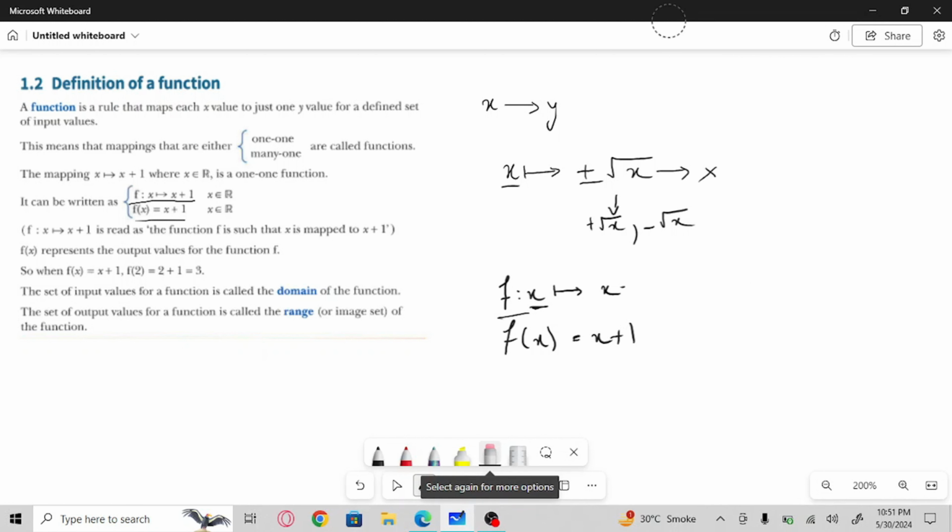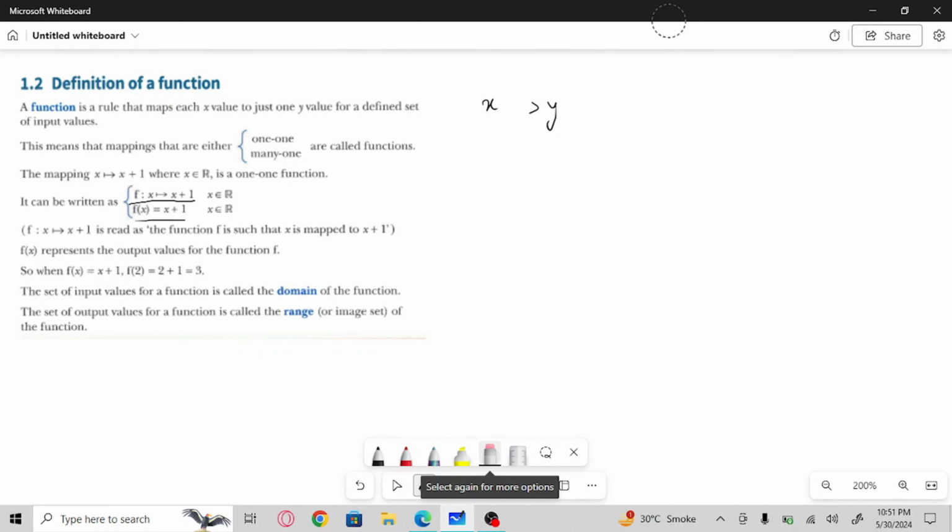Okay, so now we should understand what a domain and what a range is.